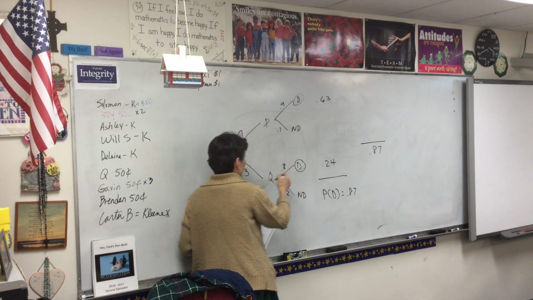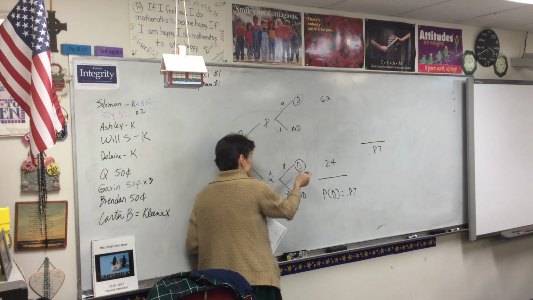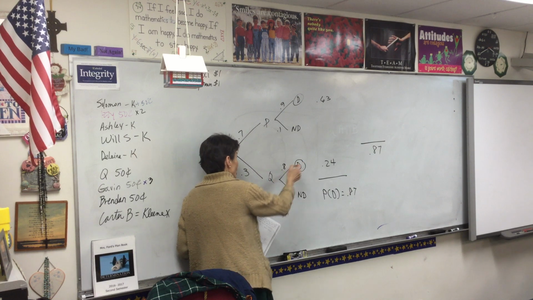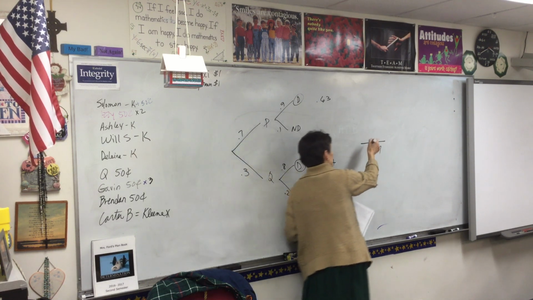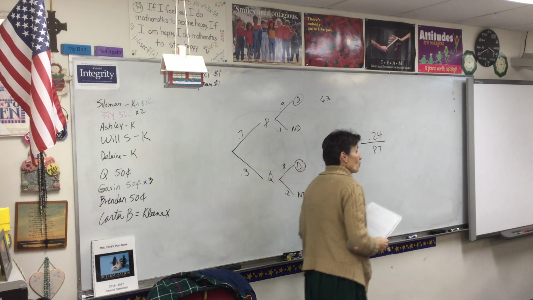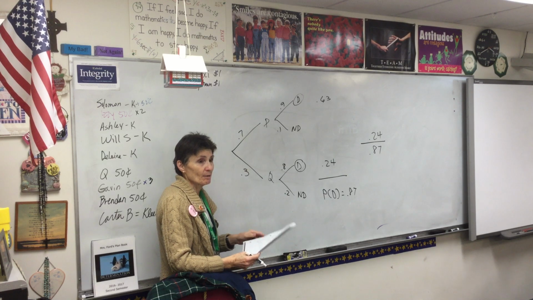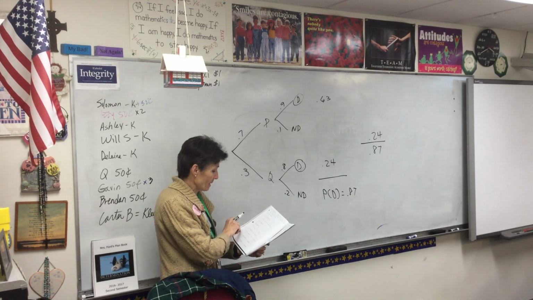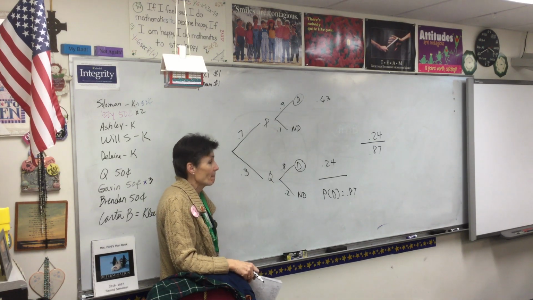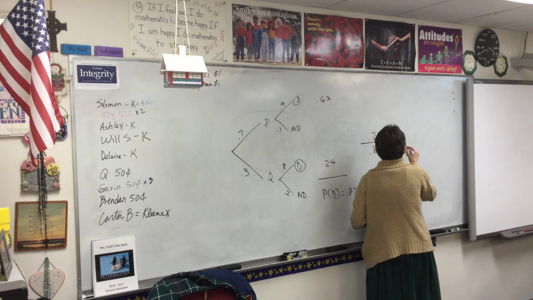In other words, what's the probability that it came from this branch, the Q delicious branch? The probability of that branch is 0.24. So the answer is 0.24 divided by 0.87. Somebody do that on your calculator? 0.2759.